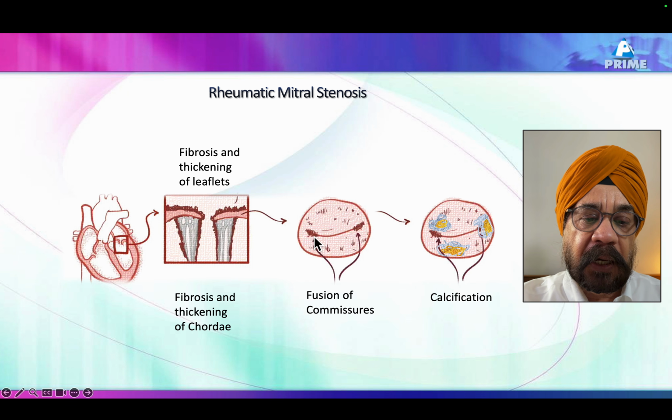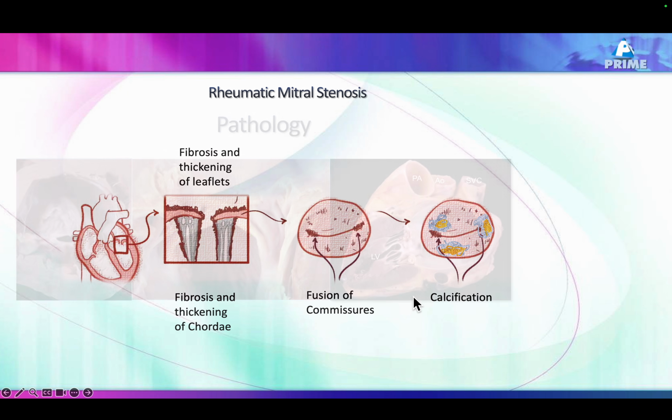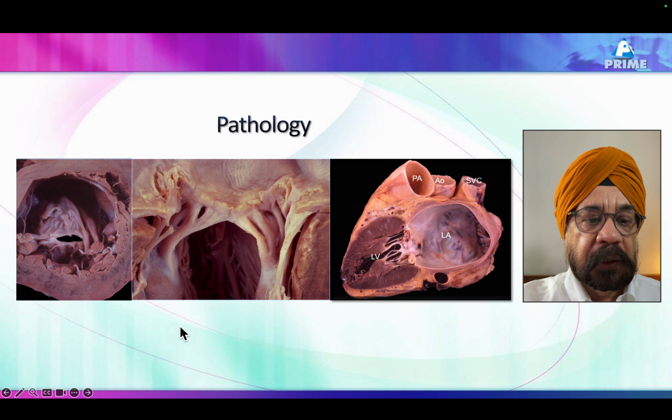And this is the hallmark of mitral stenosis: there is a commissural fusion. Apart from the commissural fusion, later on you get a calcification of the mitral valve as well, and that's the pathology of mitral valve stenosis.